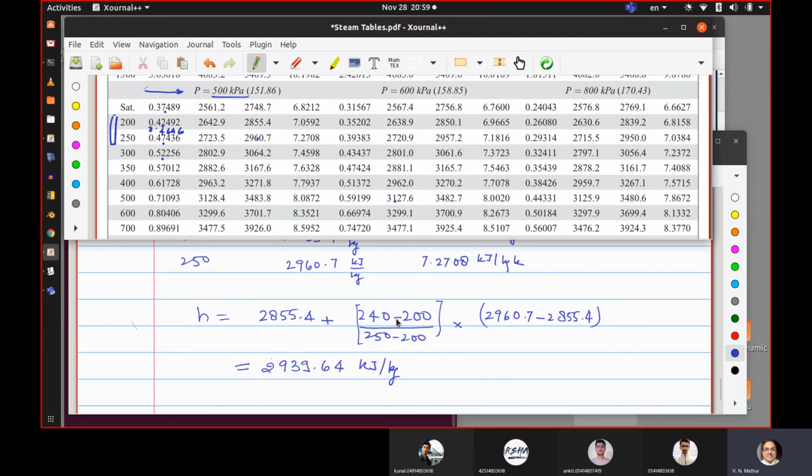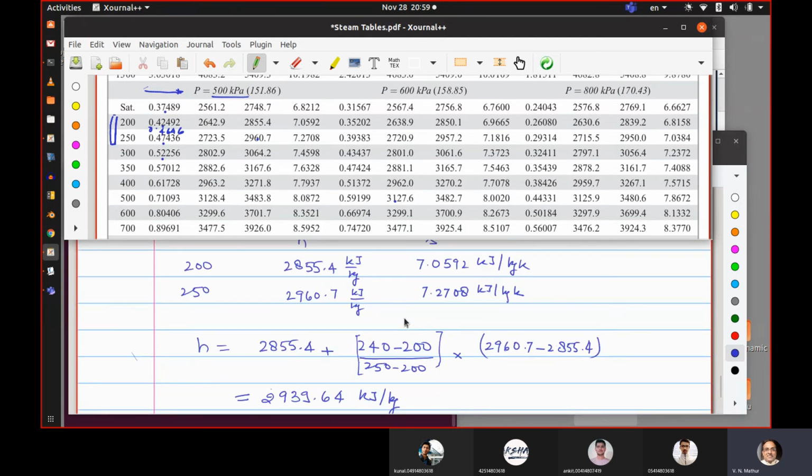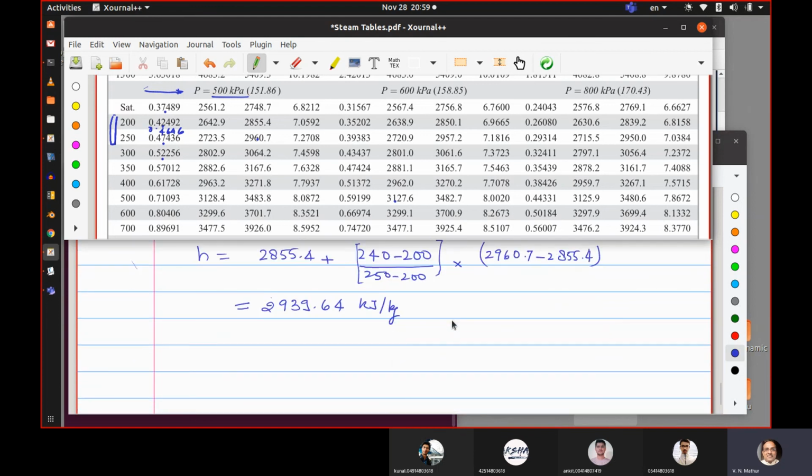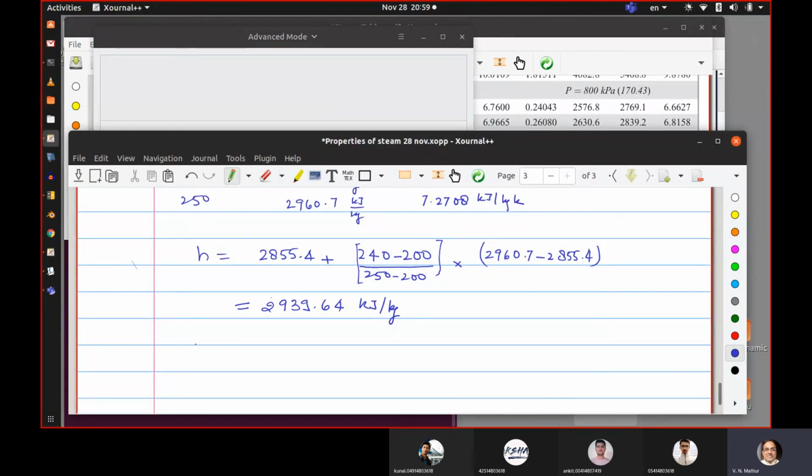We have already written the values here. So 0.8 multiplied by the difference between these two values, and then add it to 7.0592. The calculation is not very lengthy.